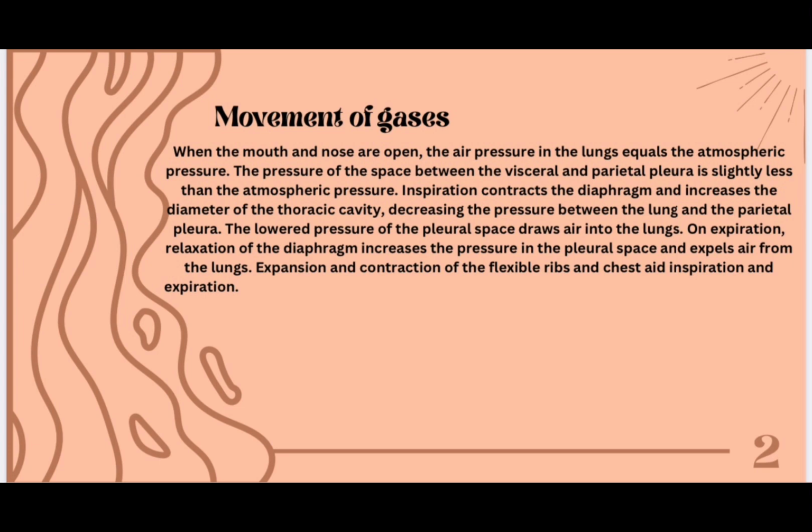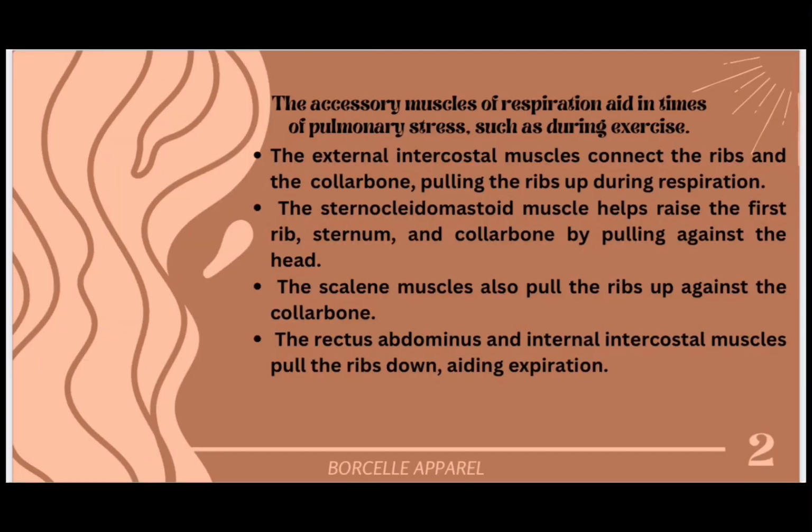Accessory muscles of respiration aid in times of pulmonary stress, such as during exercise. First, the external intercostal muscles connect the ribs and pull the ribs up during respiration.